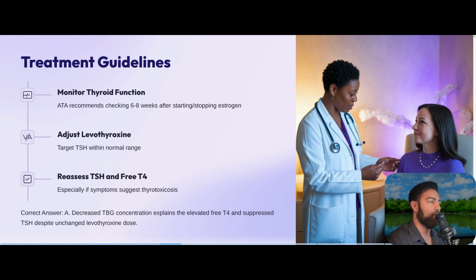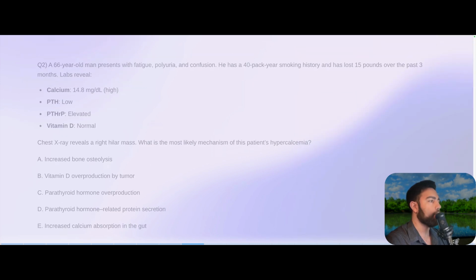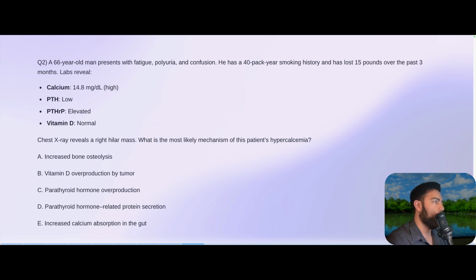Adjust the Synthroid dose and target the TSH to be within normal range, and then reassess the TSH and free T4, especially if symptoms suggest thyrotoxicosis. So for this question, the correct answer was decreased thyroid binding globulin concentration, which explains the elevated free T4 and suppressed TSH. All right, question number 2.